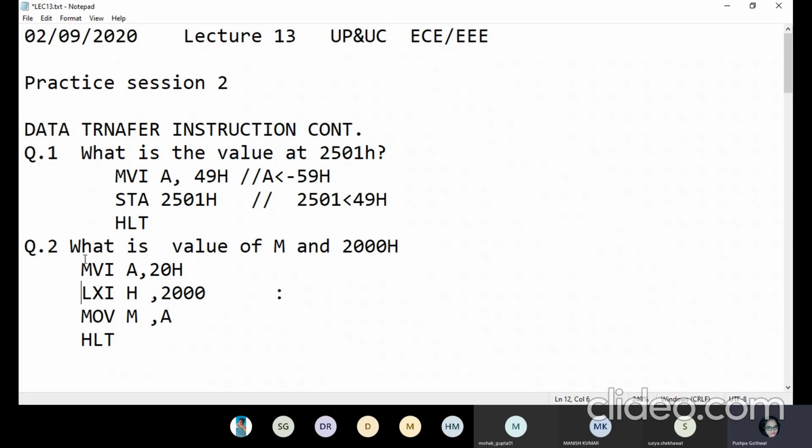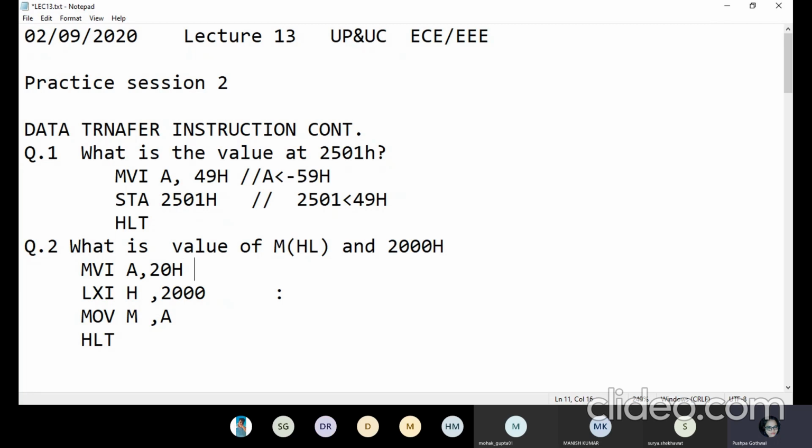Now in the next question you can see, what is the value of M? We already know that in 8085, M is the HL register pair. Whenever we are talking about M, it is the HL pair. And at 2000H. So according to this program you need to know the value of M, meaning the value in the HL pair, and the value at 2000H.